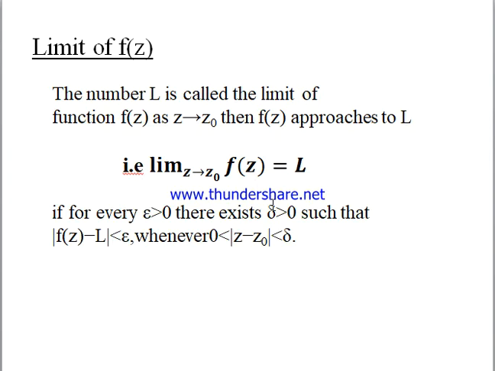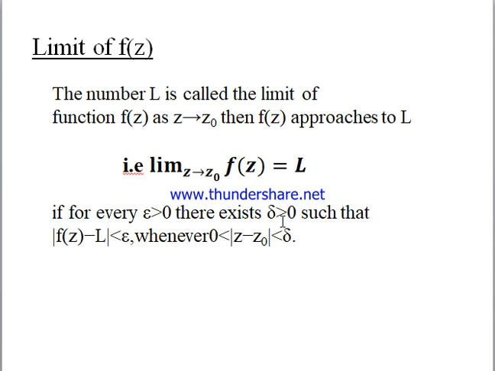So here what is epsilon and delta? Epsilon and delta are small real numbers and we can call them epsilon disk and delta disk. Disk means it is in the shape of a circle. So both disks are taken, one in the z plane, one in the w plane. Then in the z plane we can take the function z, then we can take the mapping in the w plane, that is f(z), through z tends to z0, then limit z tends to z0 f(z) = L, by using the z plane and w plane with the help of epsilon disk and delta disk.